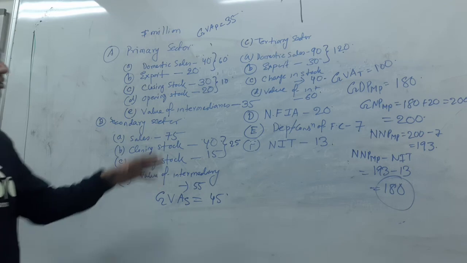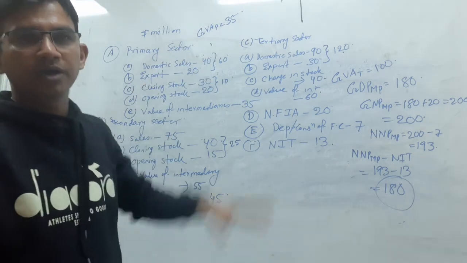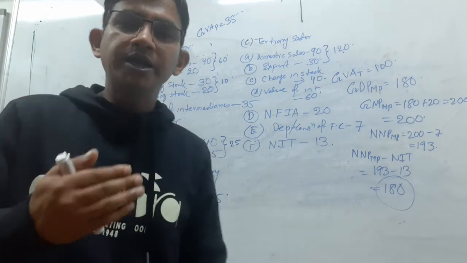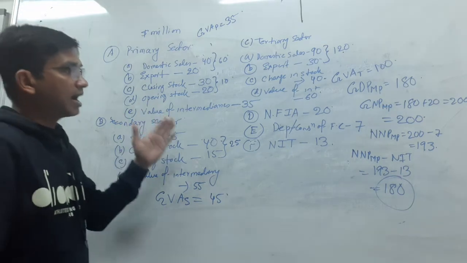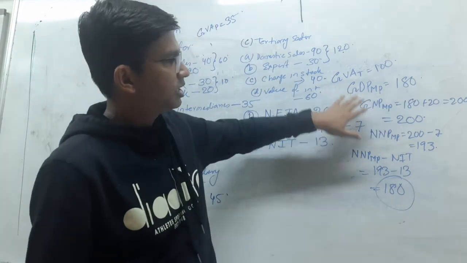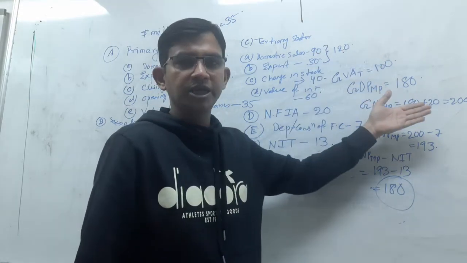So what do we have to do here? Whenever this type of data is given, first we have to calculate the gross value added in each sector. Then we add them all and we get gross domestic product at market price. From GDPMP we go to GNPMP.